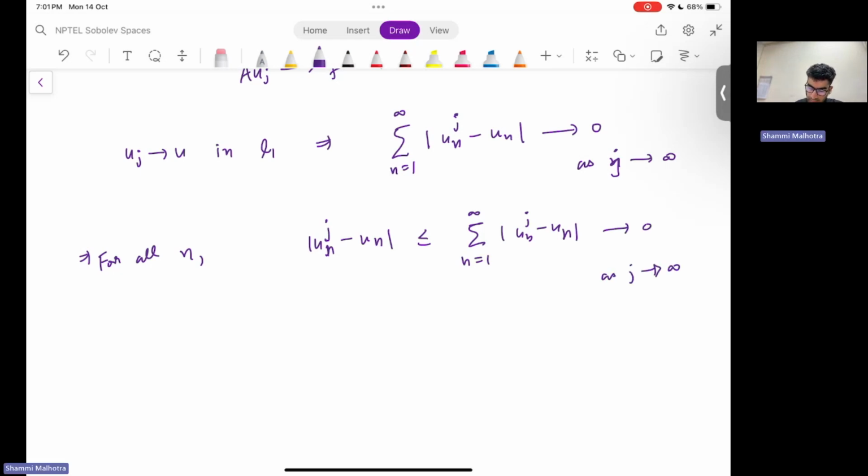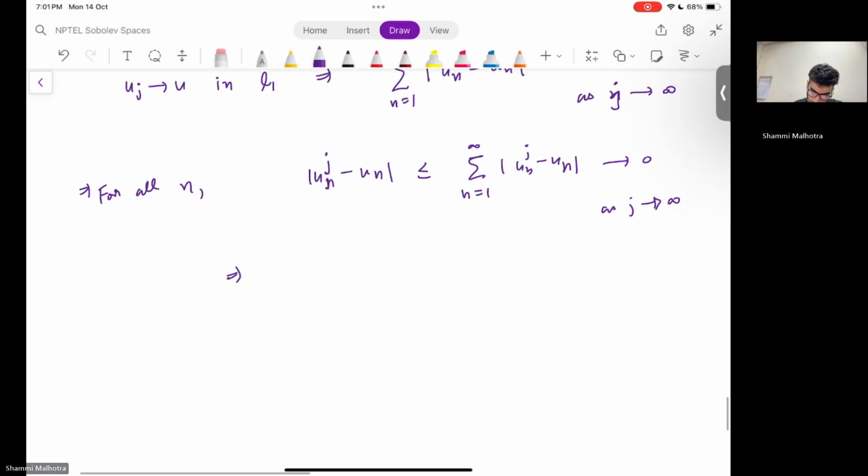So |u_n^j minus u_n| is less than the whole summation, and that holds for all n, and this goes to 0 as j tends to infinity. So this implies u_n^j goes to u_n as j tends to infinity, and that holds for all n in N.